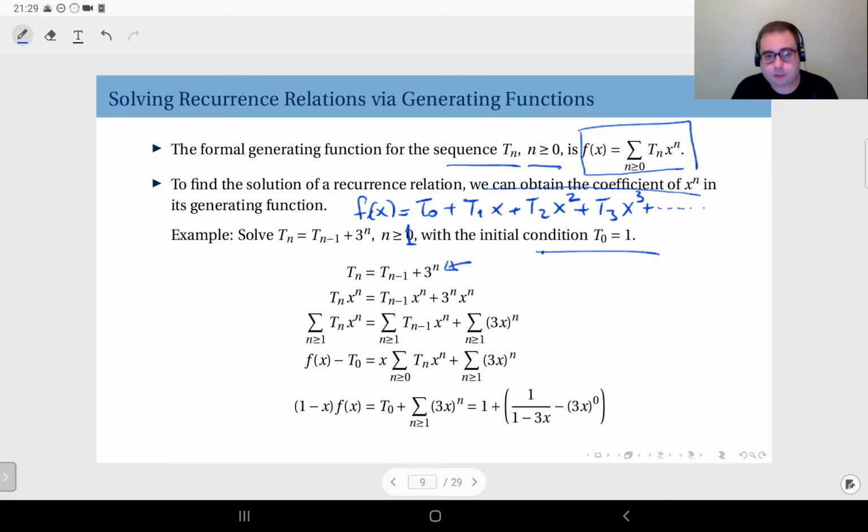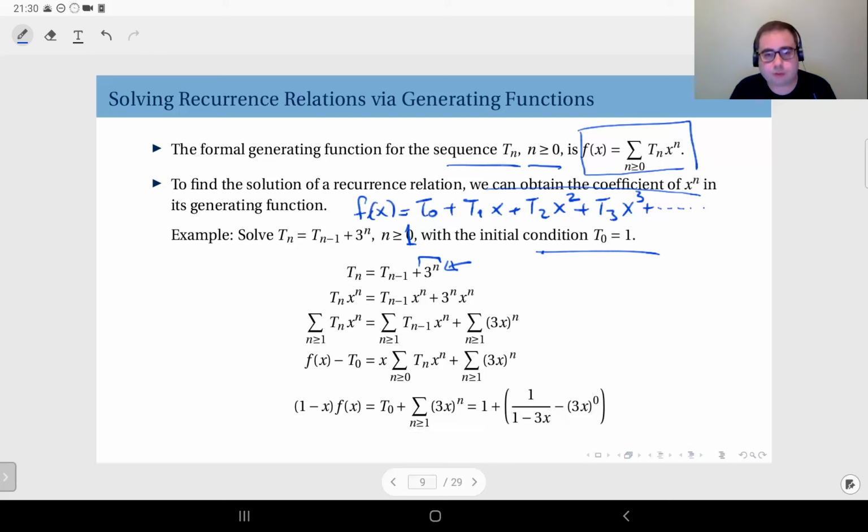It's not homogeneous because we have the function 3 to power n, and the degree of this recurrence relation is 1. Okay, so it fits our bill. So let's try to come up with the solution. And as I said, we would like to express both sides of this equality in terms of the generating function.